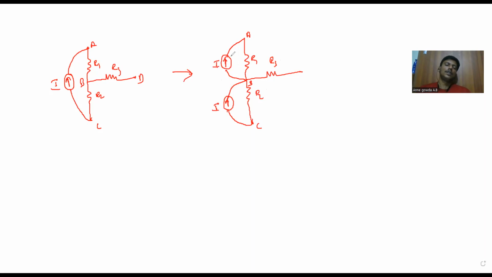Now you can convert this current source into an equivalent voltage source. Okay, let's discuss problems on this.